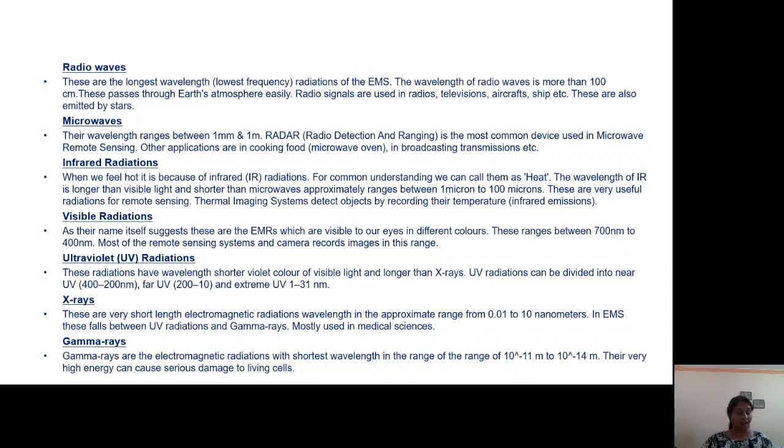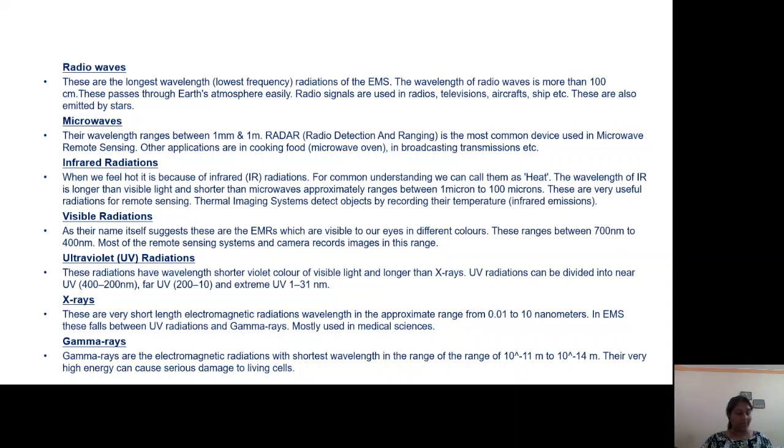X-rays. These are very short wavelength electromagnetic radiations used in medical sciences in imaging technology to view structure. Gamma rays have the shortest wavelength, used in medical equipment, treating cancer, imaging using radio tracers.